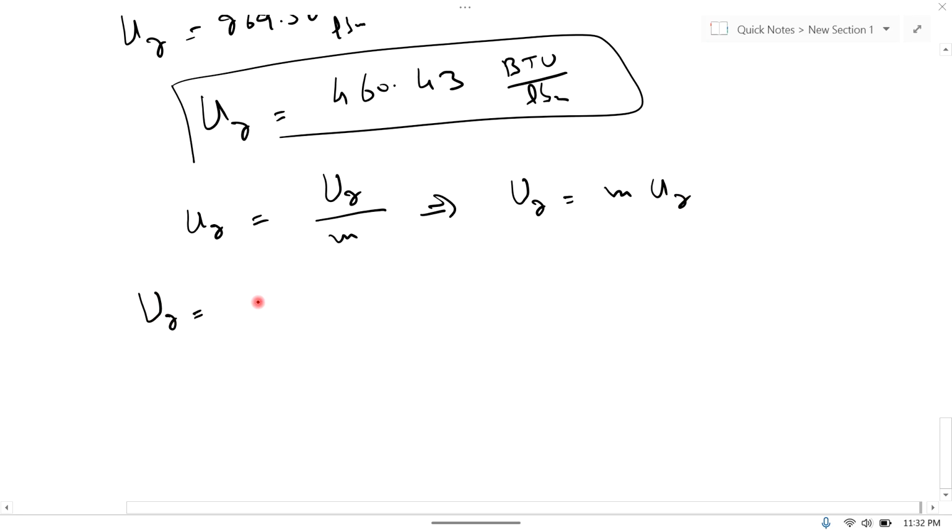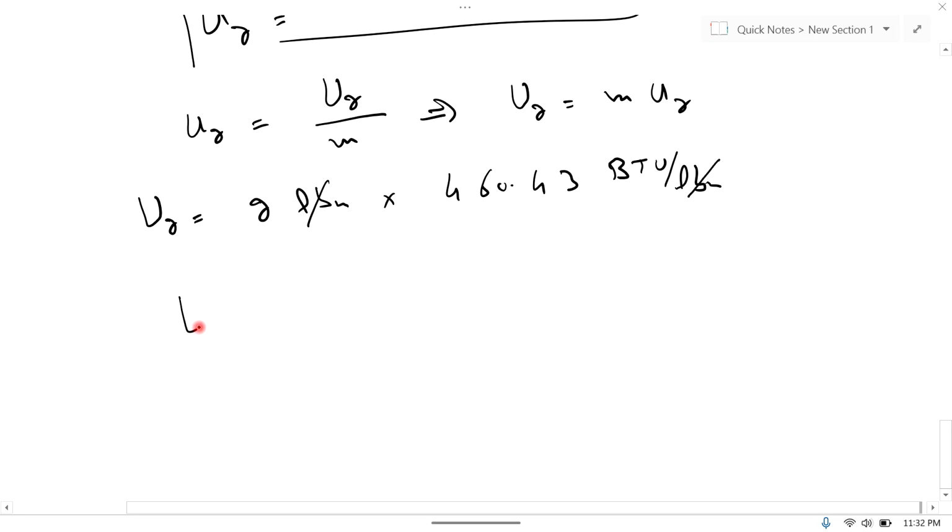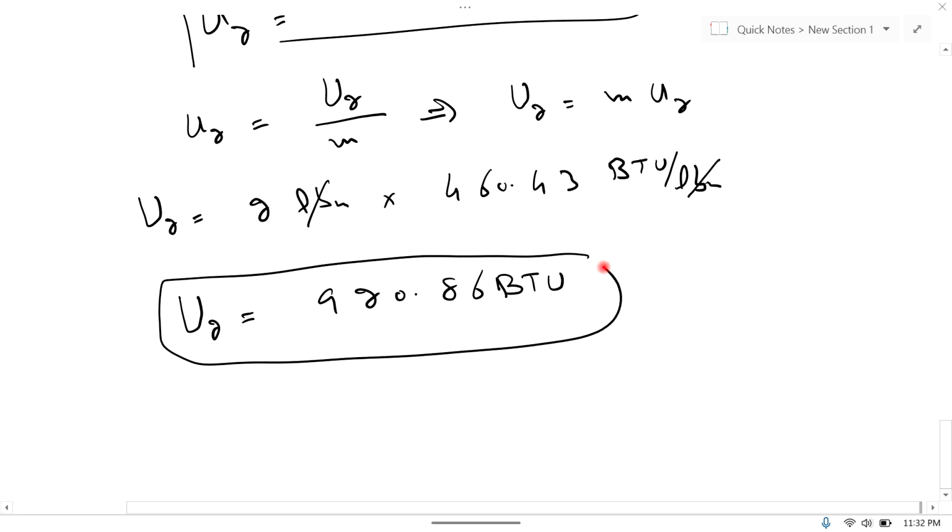So U2 is equal to mass, 2 pound mass, times specific internal energy, 460.43 BTU per pound mass. Pound mass cancels with pound mass, and U2 is equal to 2 multiplied by this value, which is 920.86 BTU. This is the required value of total internal energy at the final state.